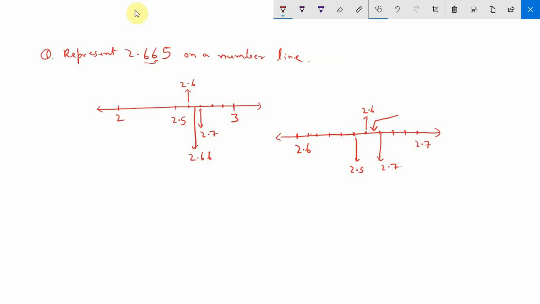Sorry, this is 2.65 and this is your 2.66 and this is 2.67. Okay, so our number will lie somewhere here, but again we are not sure where. So again we will divide this into a larger scale, between 2.66 and 2.67, into 10 equal parts.